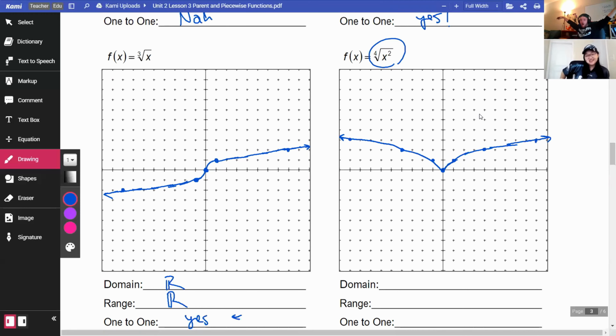The domain is all real numbers, because we can plug in all the negative numbers that we want. The range is going from 0 inclusive to infinity. But it is not 1 to 1 because there are 2 wings. But that's okay because it's still the eagle function.